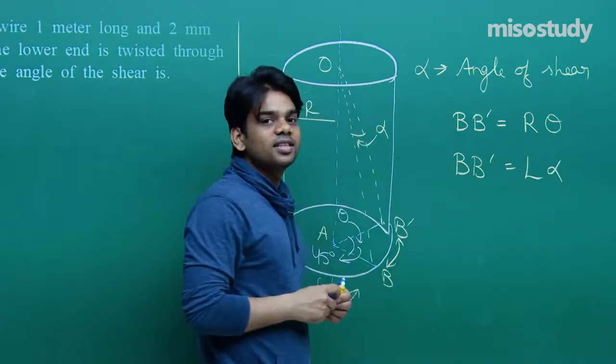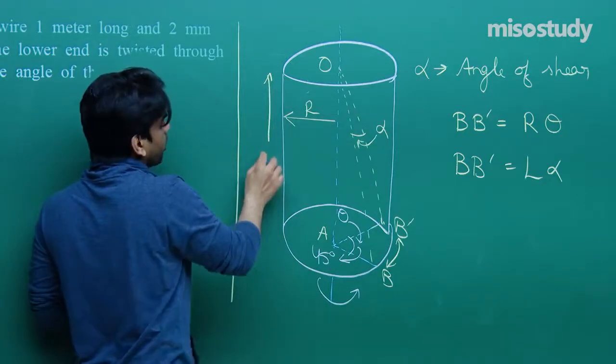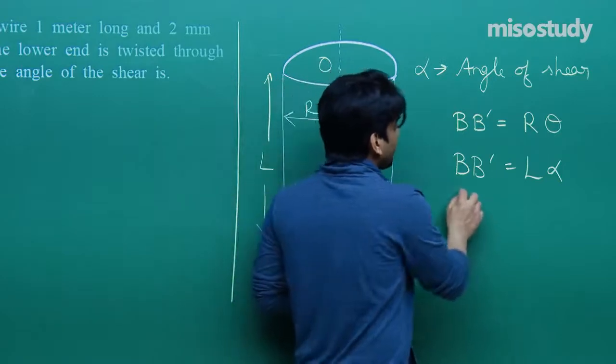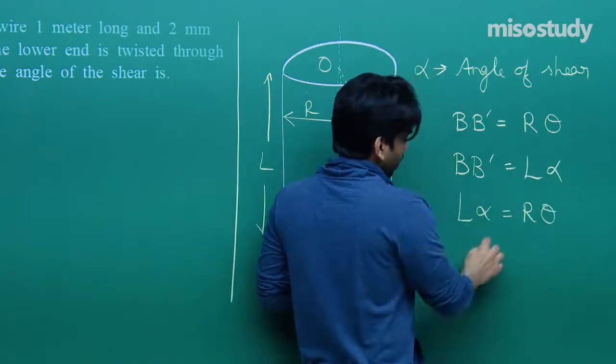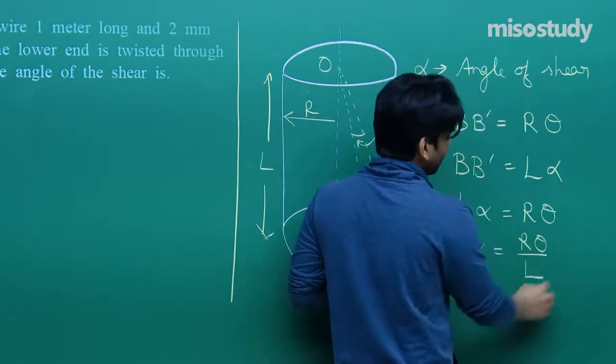Alpha we need to evaluate. This is the length of the wire. I hope that you have understood all these parts with the diagram. So we can write that L into alpha is equal to R into theta. Now alpha will be equal to R theta by L.